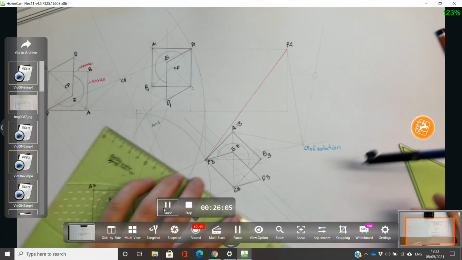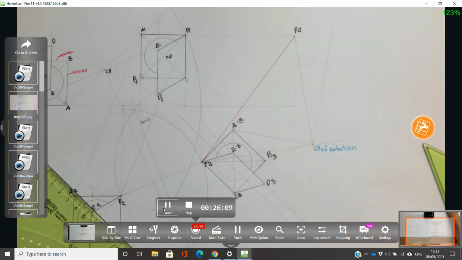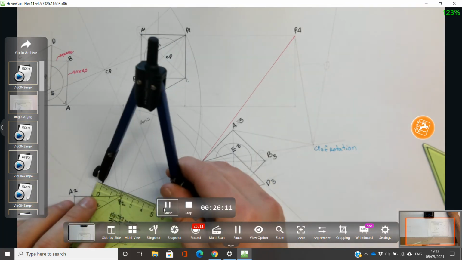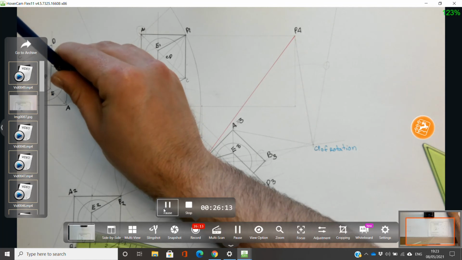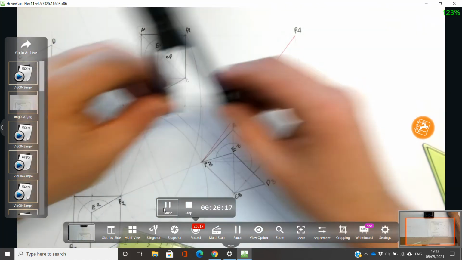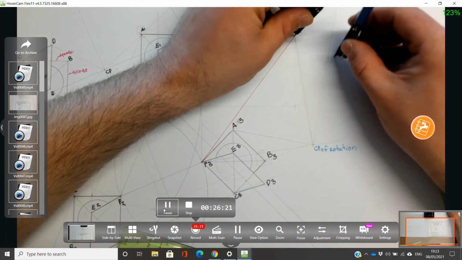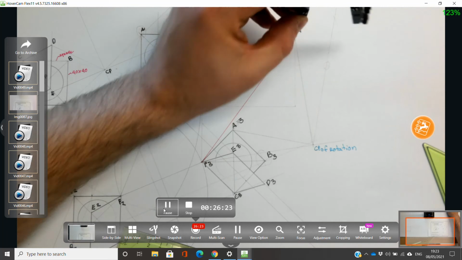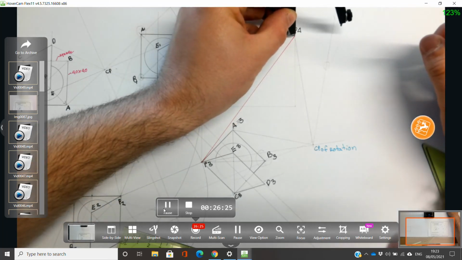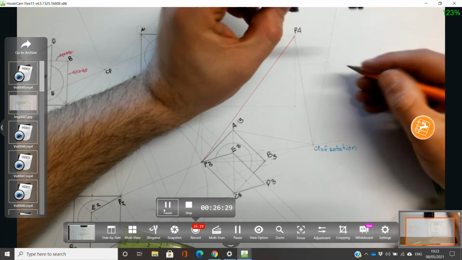Set your compass. I'll zoom in a little bit on that. Set your compass to 40 to get an exact idea as to where it is. Put it on P4, and the exact distance of P4 to A4 at 40 millimeters is right there.